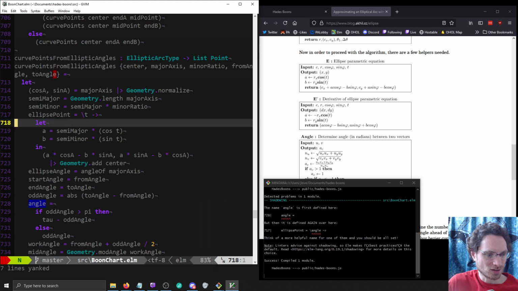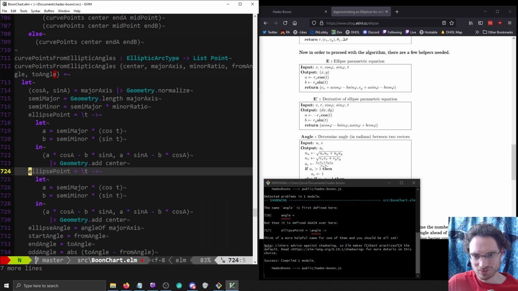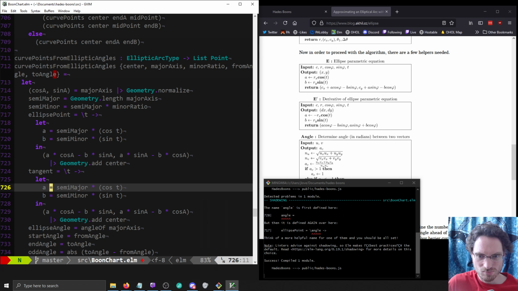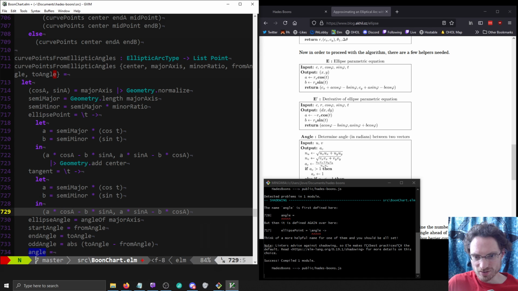All right, and then our tangent. Exact same parameters, but it's a dx, dy. So I'm not going to add center. Wait, why does it take center as a parameter?